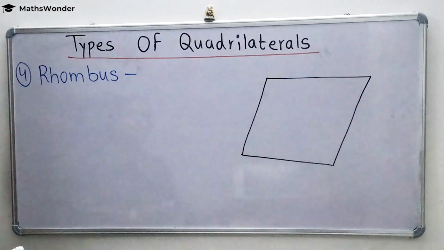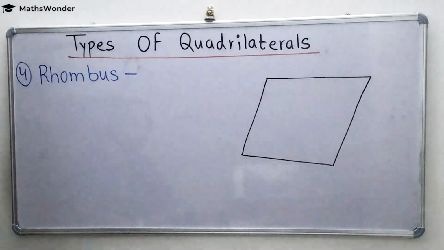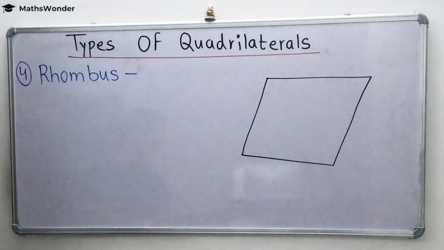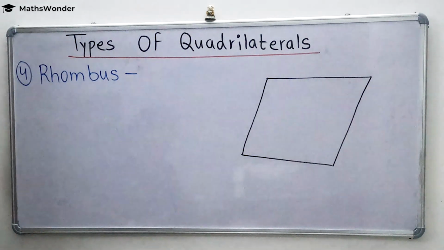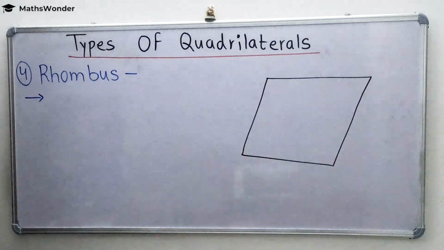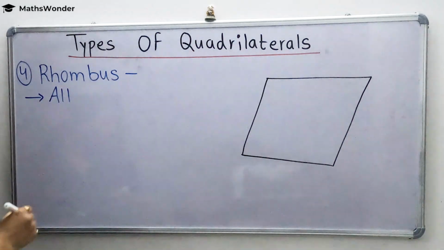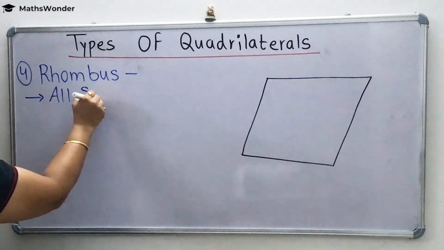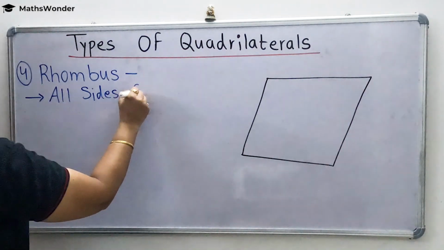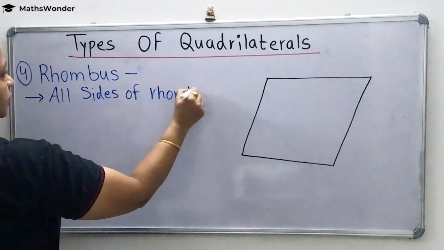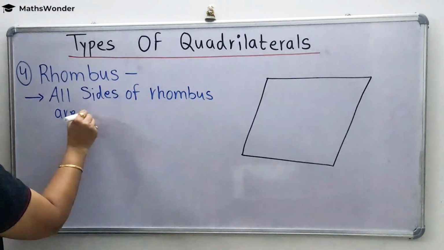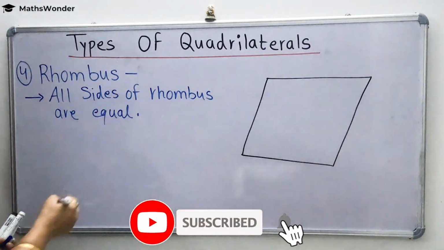The fourth type of quadrilateral is rhombus. Okay, rhombus is a tilted form of square. What are the properties of this? First property: all sides of a rhombus are equal.